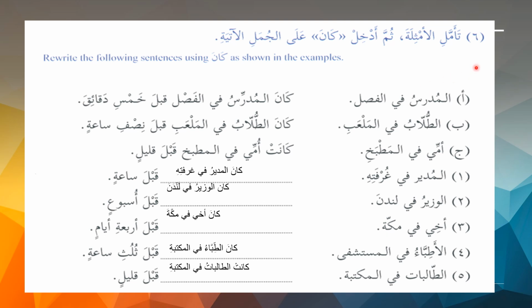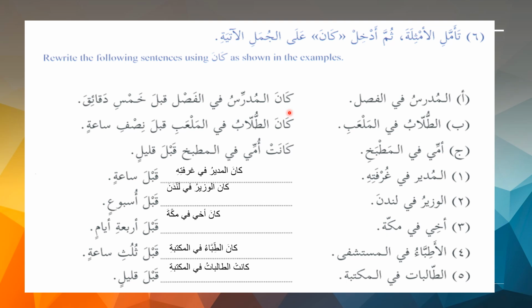Question number 6. In this exercise, you need to use the fail naqis kana, and when using it, remember the rules: when kana comes, the ism kana is in marfu case and the khabar kana is in mansub case.